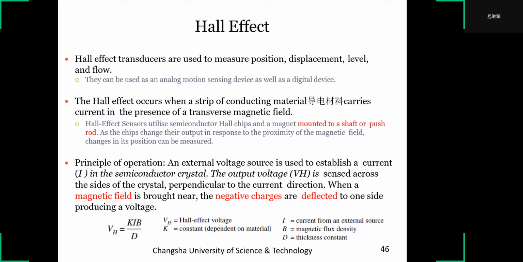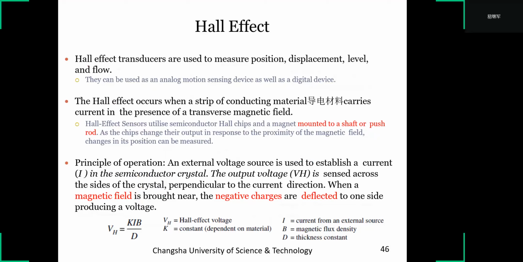Hall effect. Hall effect transducers are used to measure position, displacement, level and flow. They can be used as an analog motion sensing device as well as a digital device.